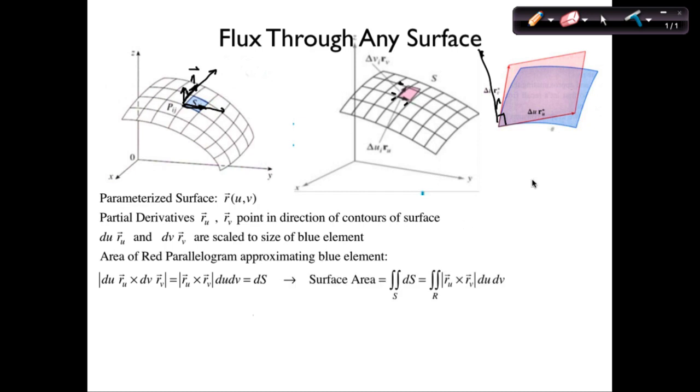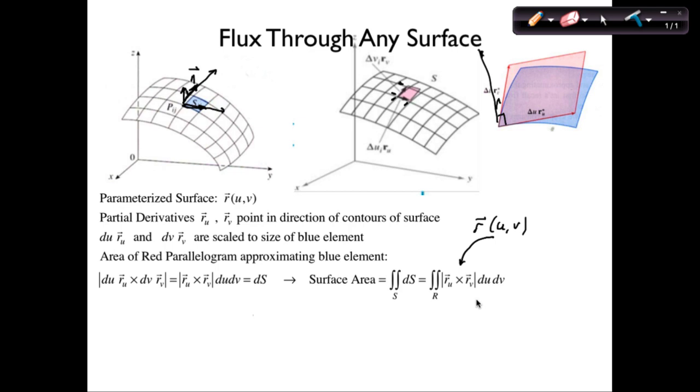And you have some WebWork problems on this, okay? So what are you going to do? You have to parameterize the surface in terms of u and v, like you did for homework. And then what does this tell you to do? Find the partial derivatives, take the cross product, take the magnitude of that, and that represents the magnitude of one of these elements.